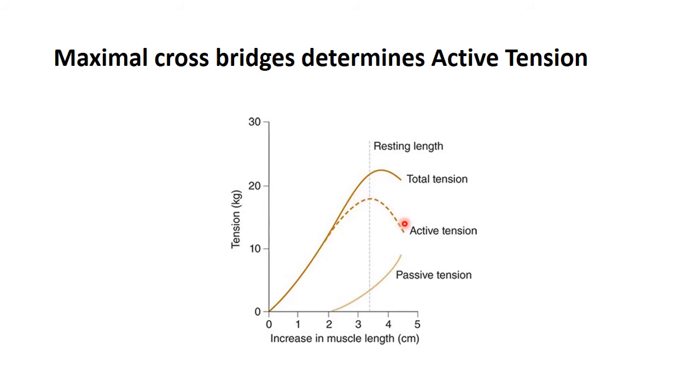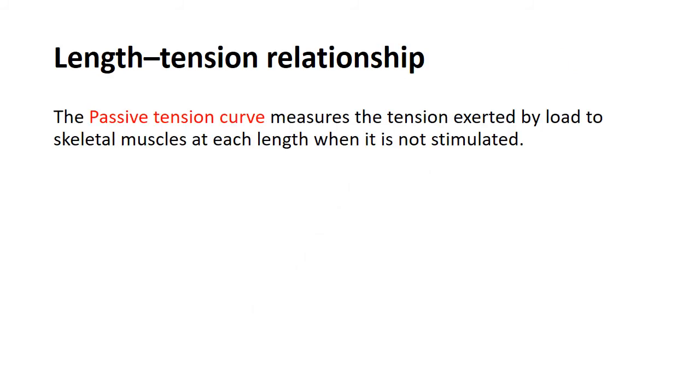Now this active tension is responsible for lifting the force or weight. Here on the x-axis, length is represented, and on the y-axis the tension or weight is depicted. So there is a close relationship between the length and the tension.